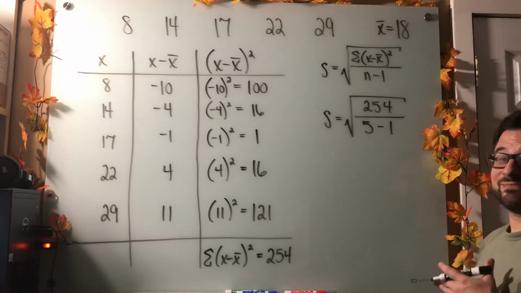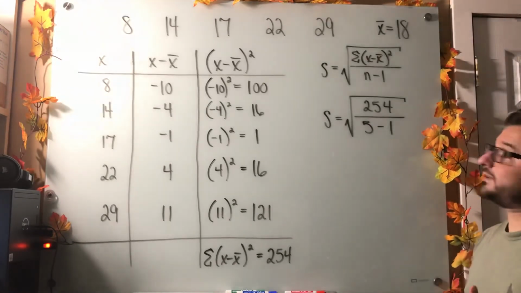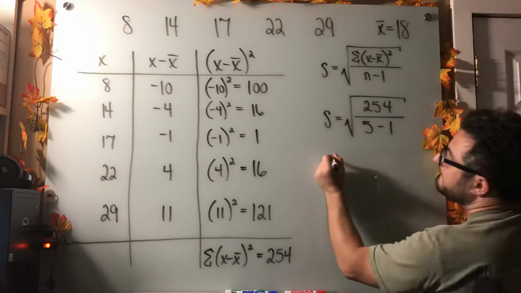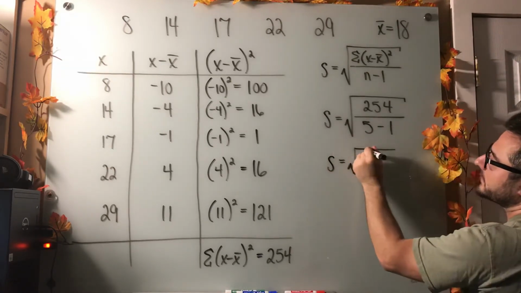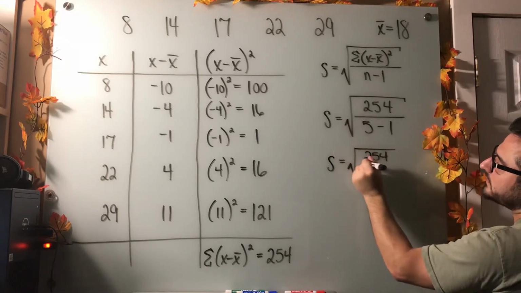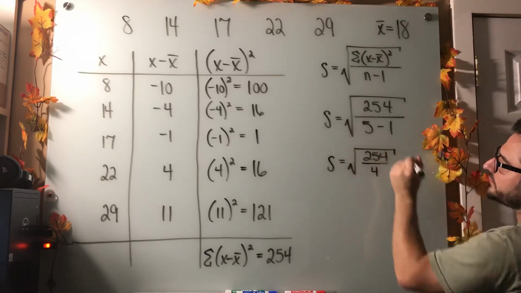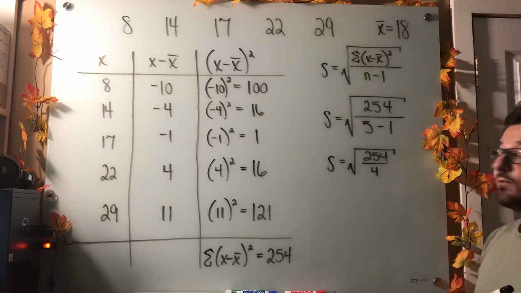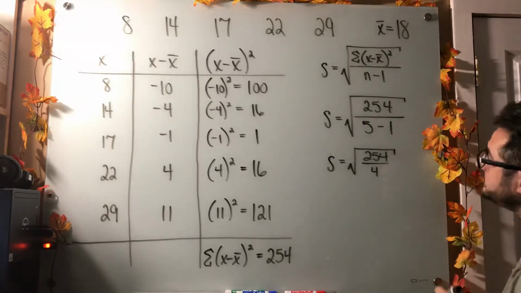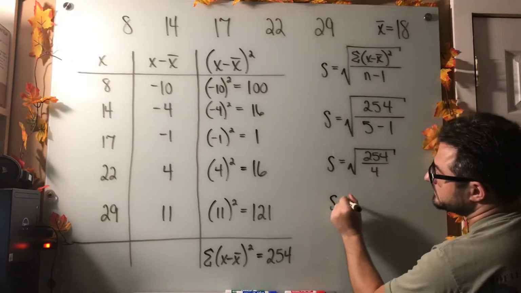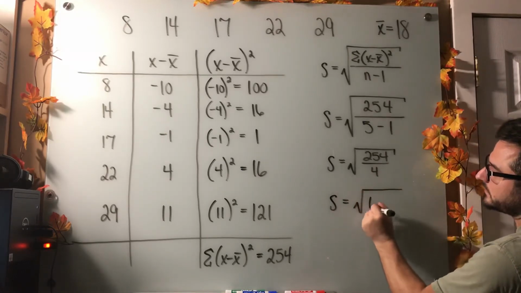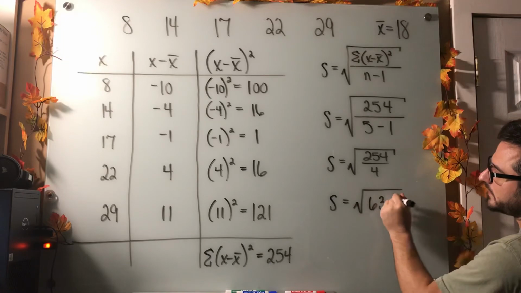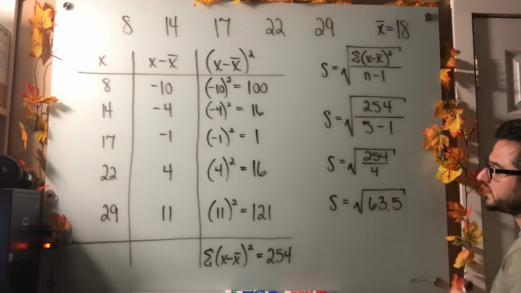So for us, it's just a matter of, it's there, we have to use it. So we end up dividing 254 by 4, which gives us 63.5.